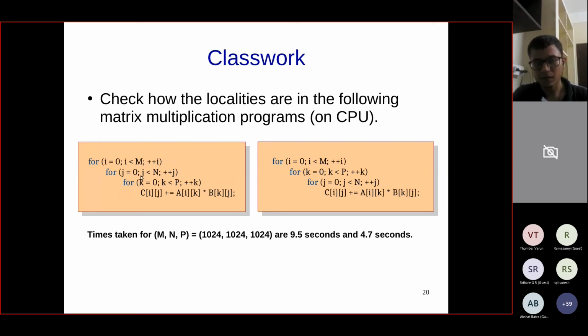K is the innermost loop and it runs for every I and J. So we are doing column major access very frequently, and column major order won't give us caching benefit because our matrix is completely stored in row major order. That is one big disadvantage that will cause performance to degrade. This thing will cause the biggest performance degradation, and definitely the second snippet will win.